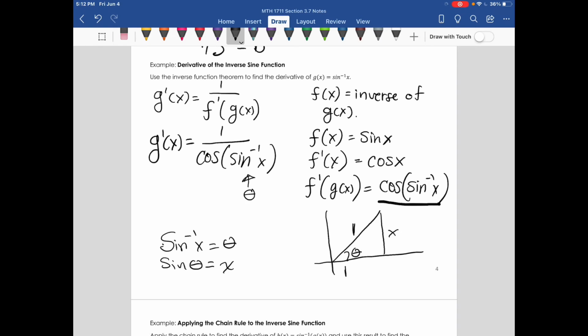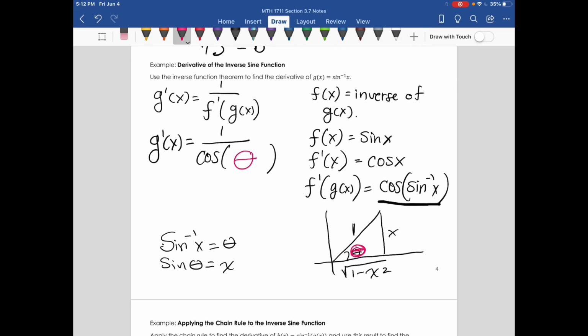And remember, sine is opposite over hypotenuse. So the opposite side of the angle would be x. The hypotenuse would be 1. And just by using Pythagorean theorem, I would find that this other leg would be the square root of 1 minus x squared.